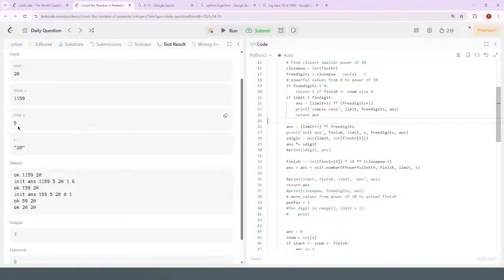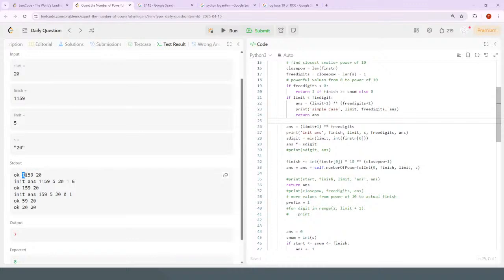So initially there's going to be 6 values. Why is there 6 values? So 5 is your limit. You have 2. You have 1 free digit.